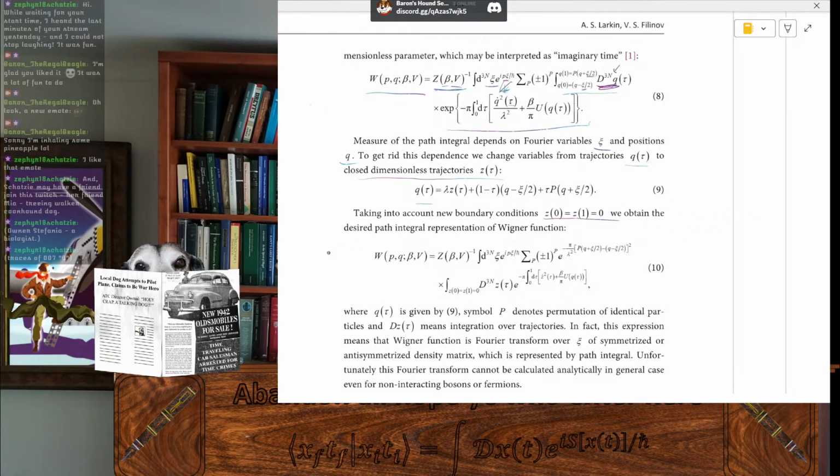So all we've done is parameterize q into this dimensionless thing z, such that instead of going over all this tau, it's just going between 0 and 1, right? We obtain a desired path integral representation of the Wigner function. This is what we kind of wanted.